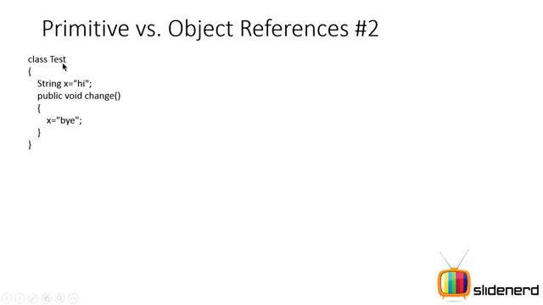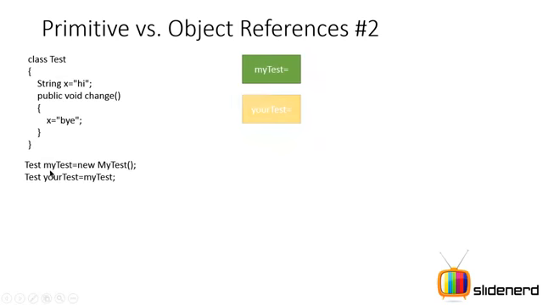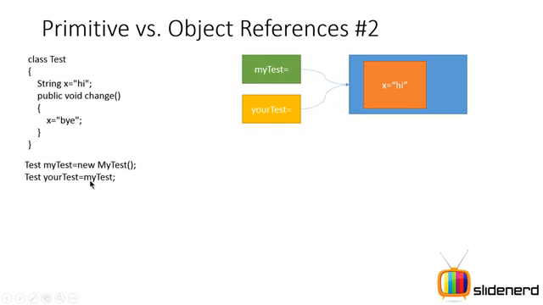What I have is the class Test. There's the instance variable String x equals hi, and there's a method, public void change, where x equals bye. In other words, it takes the instance variable x and changes its value inside the method. Now when I say Test myTest is new Test, and Test yourTest is myTest, in other words, first myTest is going to contain some address, right?